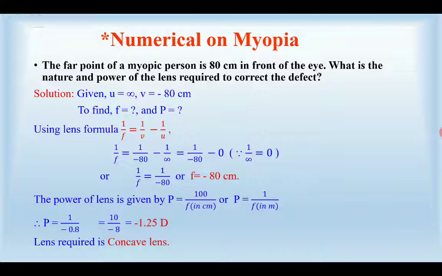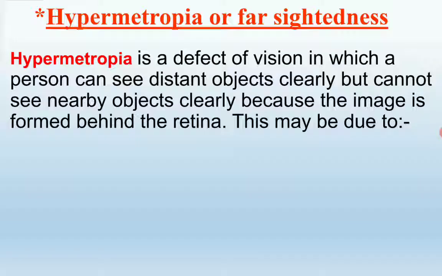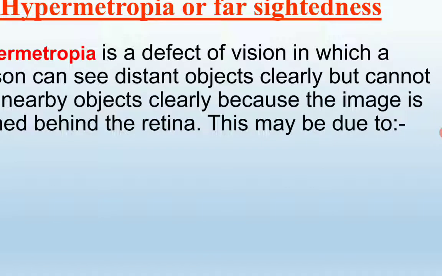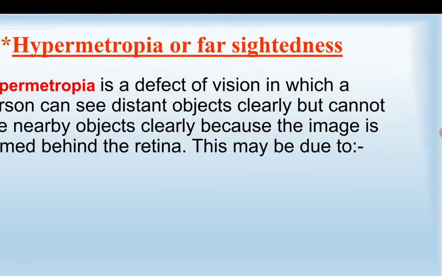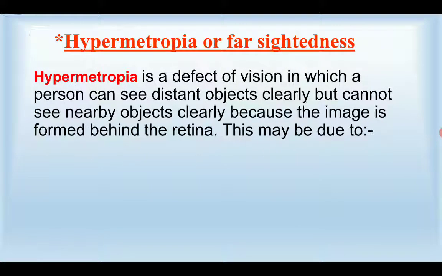After discussing myopia, let us discuss another defect, that is hypermetropia or far-sightedness. In this defect of vision, the person can see distant objects clearly but cannot see the nearby objects.